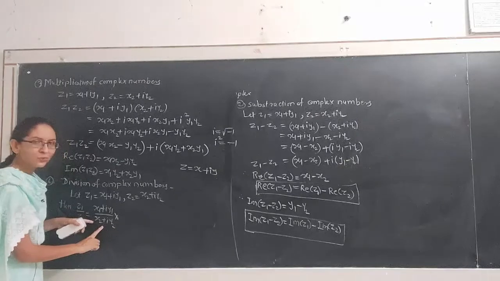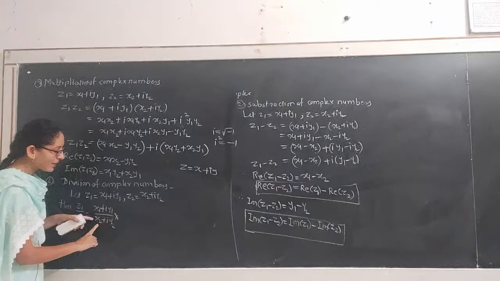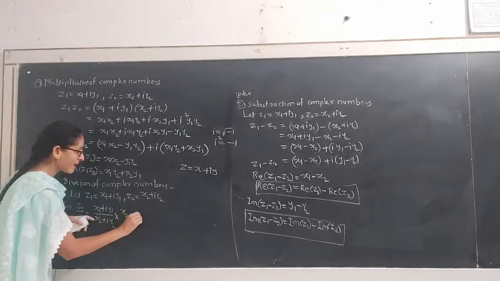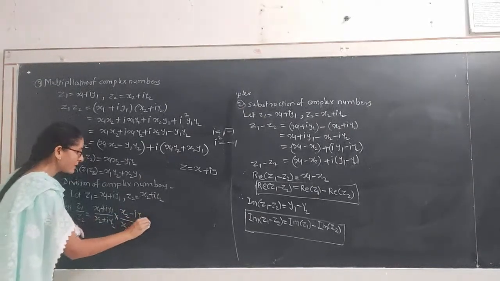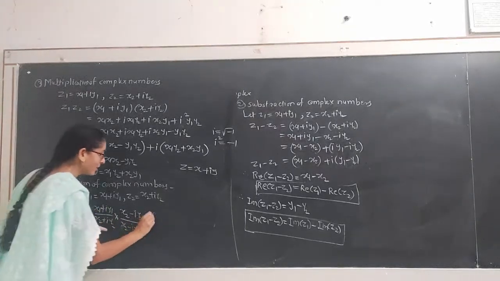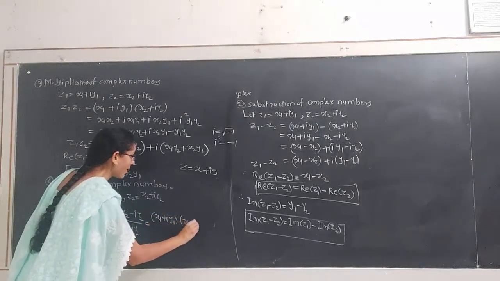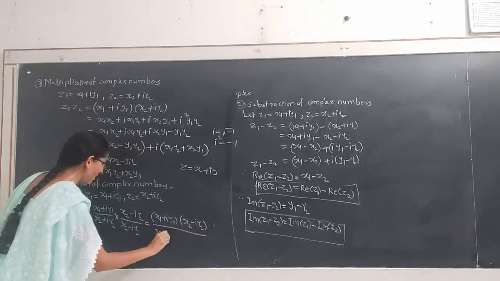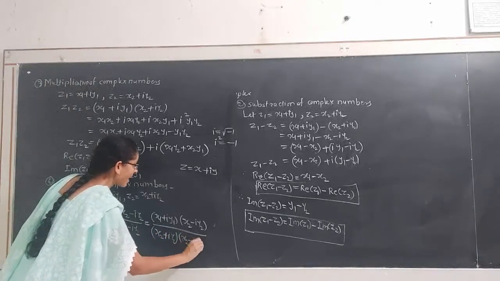Because z2 is in the denominator, we multiply this quotient by the complex conjugate of z2, which is x2 minus iy2, divided by x2 minus iy2. We take the product of numerator on numerator, which is x1 plus iy1 into x2 minus iy2, upon the product x2 plus iy2 into x2 minus iy2.